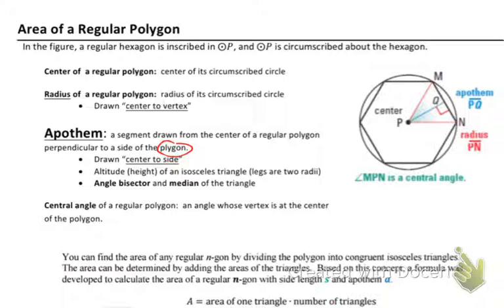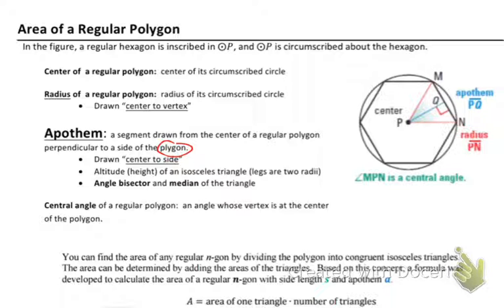The central angle of a regular polygon is an angle whose vertex is at the center of the polygon. We can actually calculate that degree based upon what type of polygon it is. I have a central angle here, here, here, here, and here. Let me just go ahead and color those in.